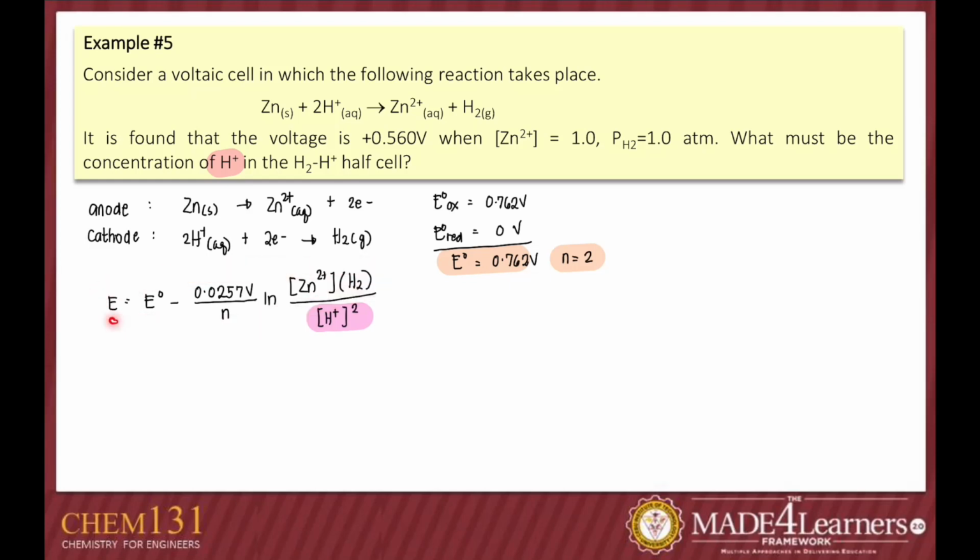So we're going to substitute. This is 0.56, equal to 0.762 minus 0.0257 volts divided by 2 times ln of, for the zinc it's 1 molar, for hydrogen it's 1 atmosphere, and we don't know the concentration of the hydrogen ion, that's raised to the power of 2.